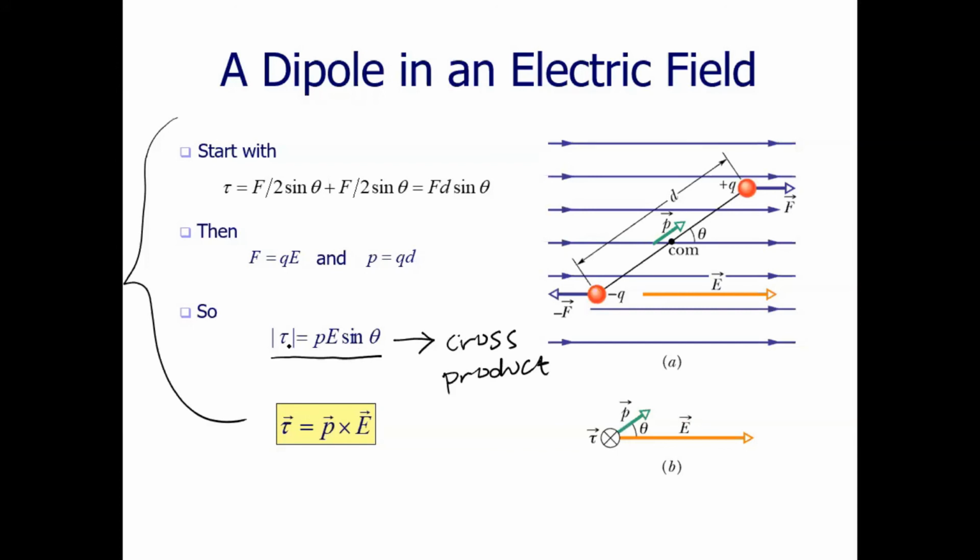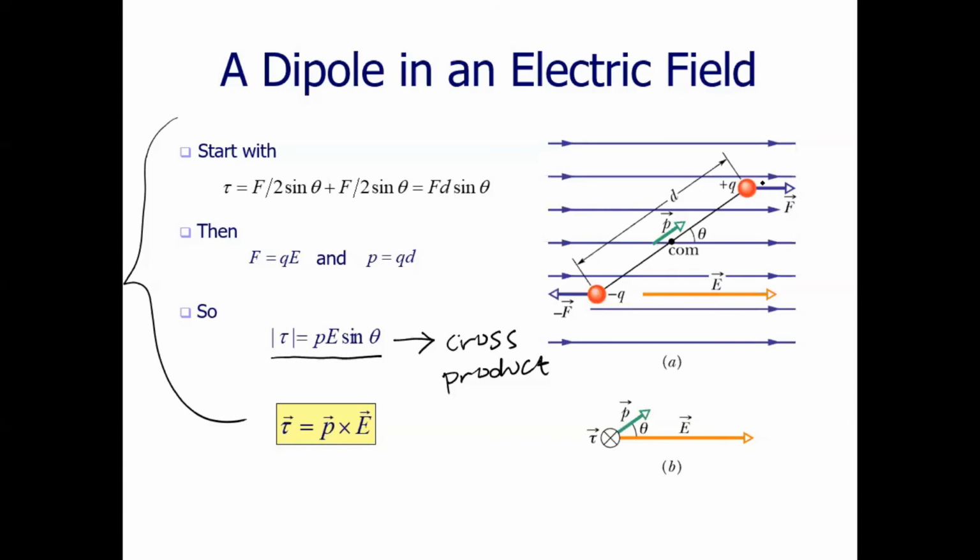This torque can be represented in vector form as P cross E, the vector product of P and E, where E is the electric field and P is the dipole moment of this dipole.